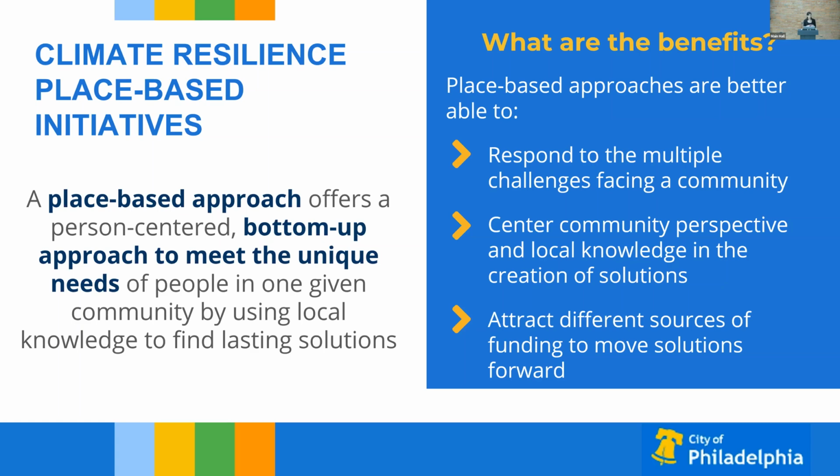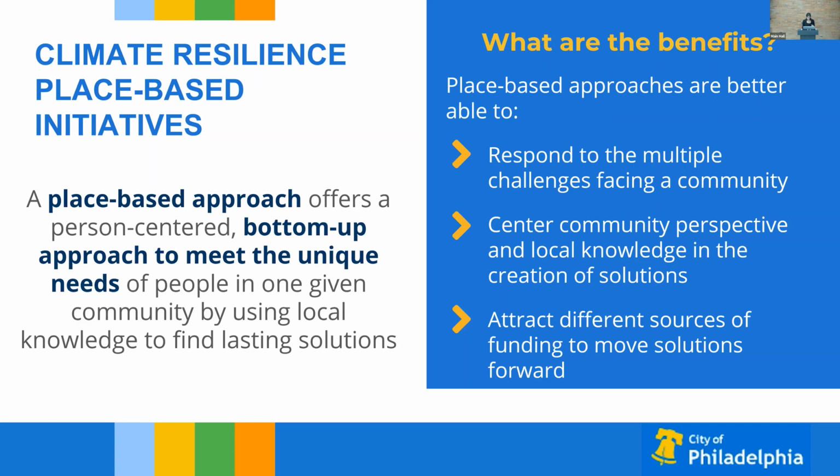This place-based approach instead tries to bring all of these resources and all of these city services into one place, but tries to use the local knowledge and the local priorities to make sure that how those services are implemented and felt makes sense for what the community's priorities are.